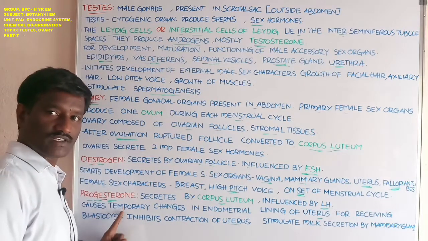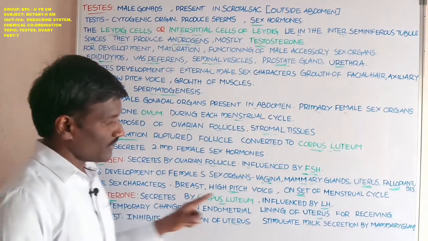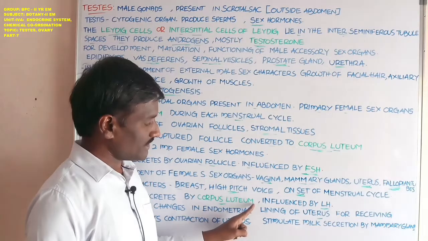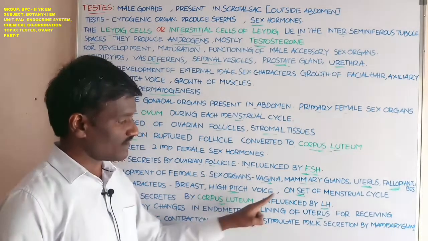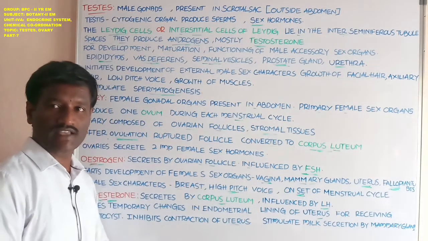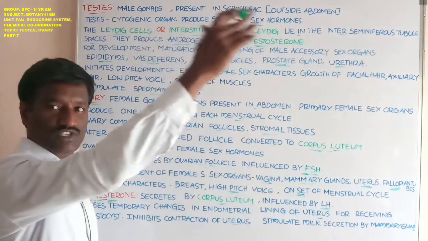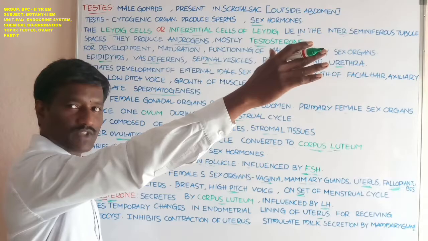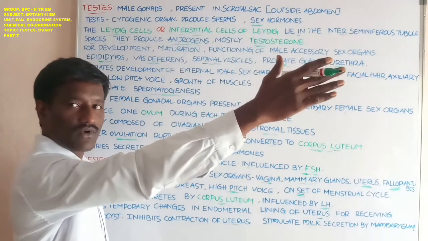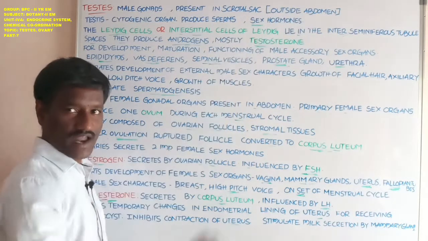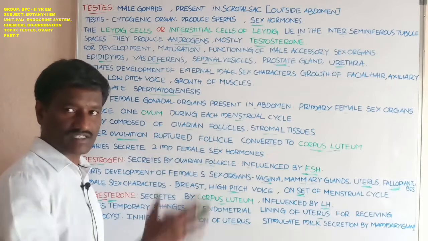The corpus luteum secretes progesterone under the influence of luteinizing hormone, student. Luteinizing hormone, LH, is secreted from the anterior pituitary of the pituitary gland, also called the hypophysis.